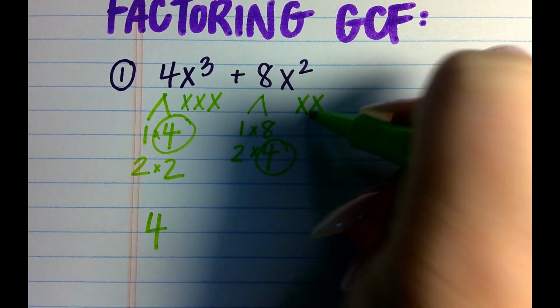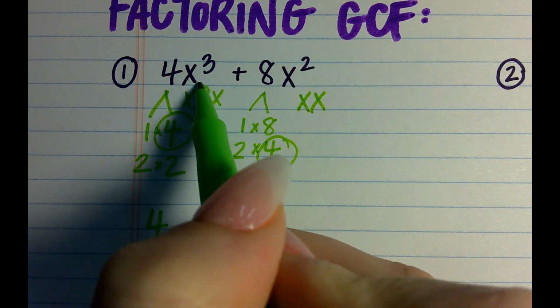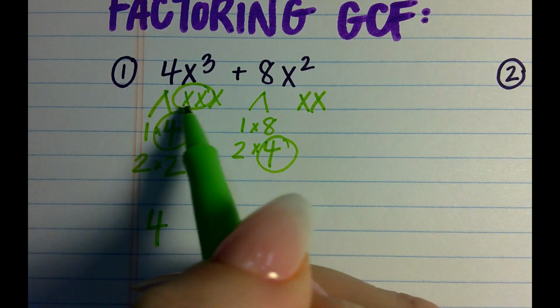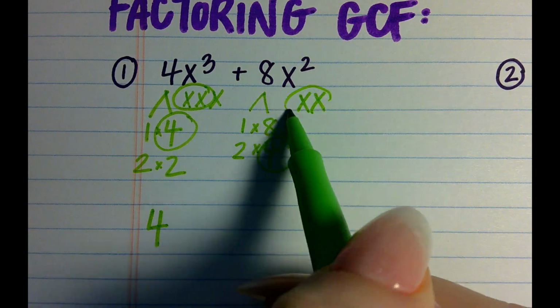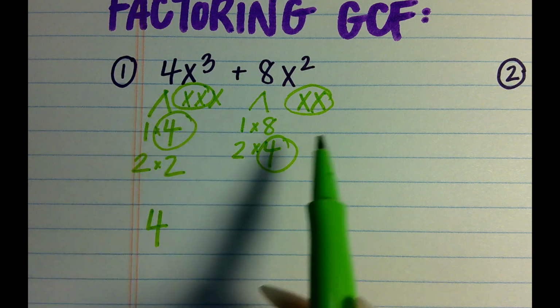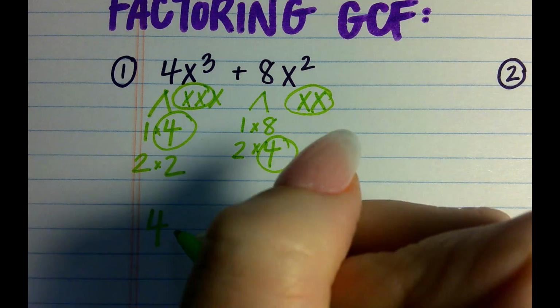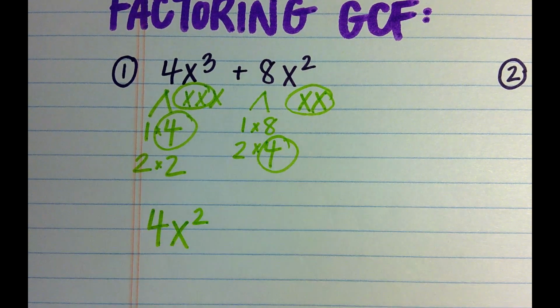Good. And I would take 2 x's from each side, which leaves 1 x. Okay, so there's 2 x's over here and there's 2 x's over here. So since there's at least 2 x's in both of the terms, what do I write next to my 4? 4x squared. Yes.